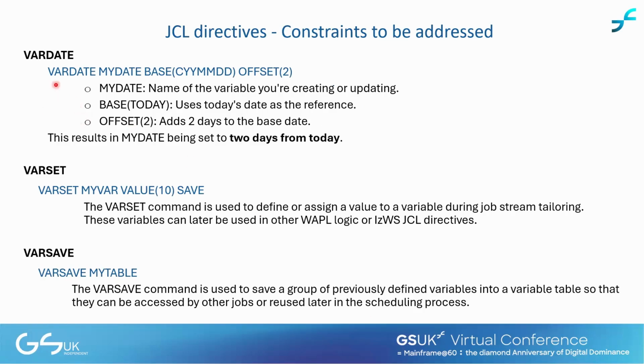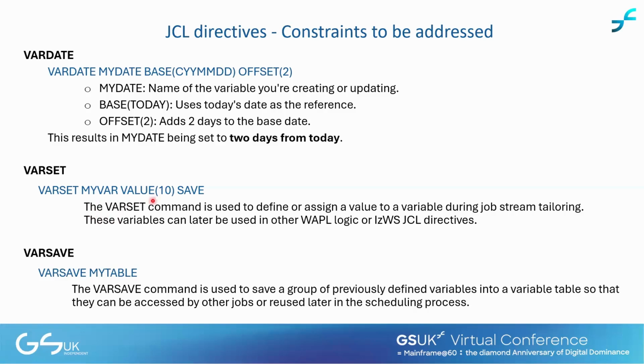In this example, we have the myvar variable, and we'll use the current date as a base, and we'll apply an offset of 2 days to that current base, and the result will be stored in the myvar variable, which will represent 2 days from today's date, and this will be 3rd of May, sorry.